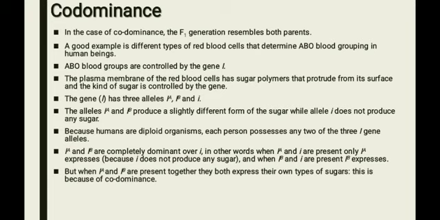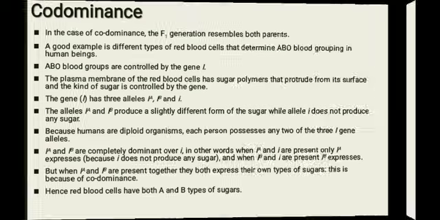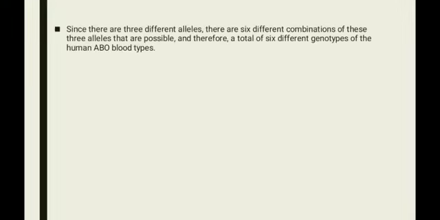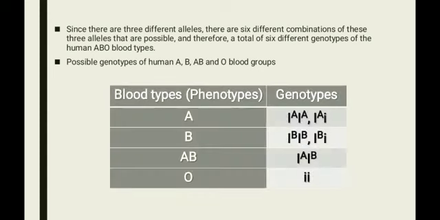Since there are different alleles, 6 different combinations of these 3 alleles are possible, and therefore a total of 6 different genotypes of the human ABO blood types. The possible phenotypes are A, B, AB and O blood groups.